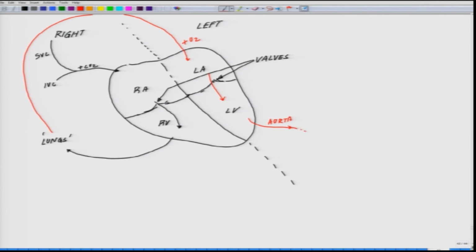And this is precisely what I was trying to draw.